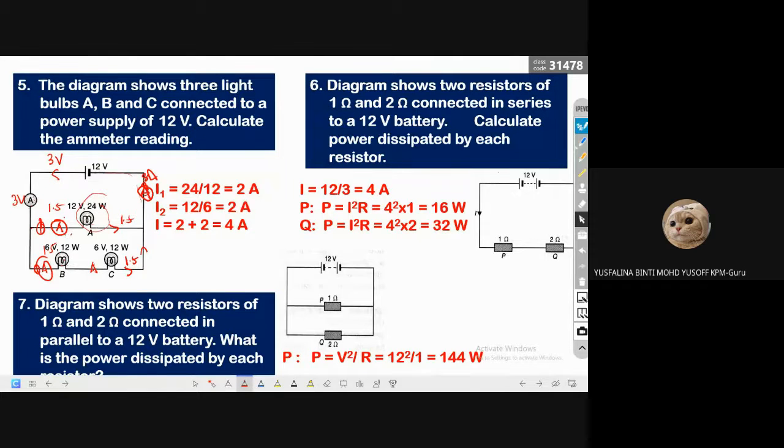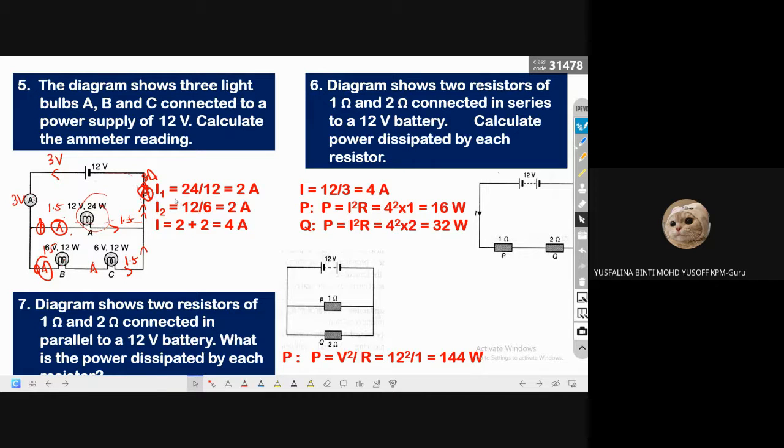When it goes here and this one also goes here, we join back the current. We know for the parallel circuit, the current is not the same, only the voltage. So it becomes 3 ampere. Same as this one, if you put it here, they're still not divided, so this one should be 3 ampere.